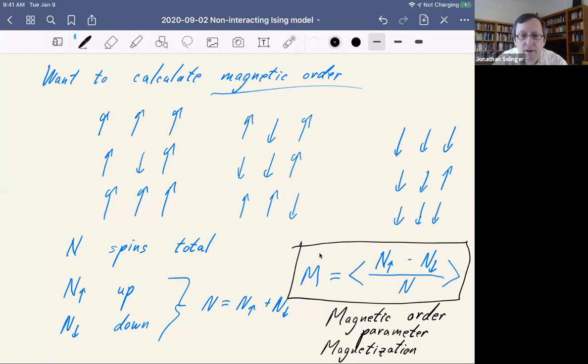I think this description doesn't distinguish two special possibilities for the configuration of the spin, right? If half of the system is spin up and the other half of the system is spin down, then the total magnetization is 0, right?